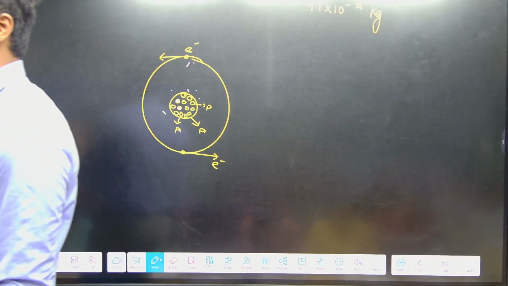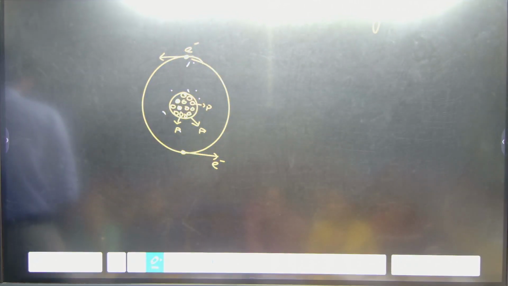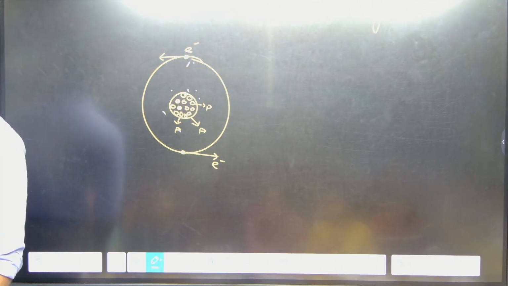So if I talk about the positive and negative charge, if they get interact between them, what is that force is called? If a positive charge and negative charge gets interact between them, what is that force is called? Attractive force. Electrostatic force.